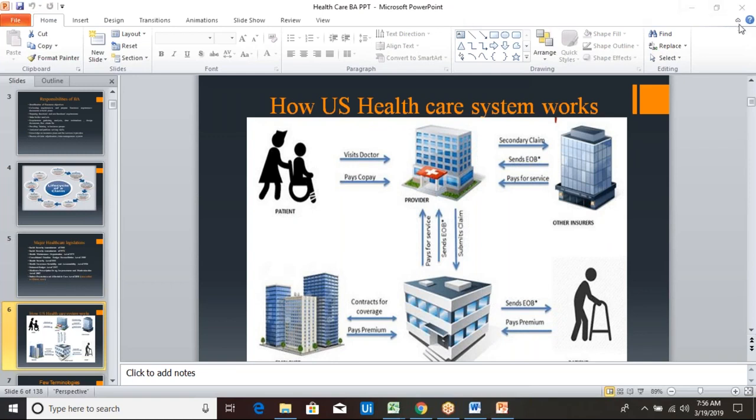So this is how a healthcare system generally works. But when you compare the US healthcare system with other healthcare systems, especially in Asian countries, for our better understanding, the major responsibility of health insurance is the cost.